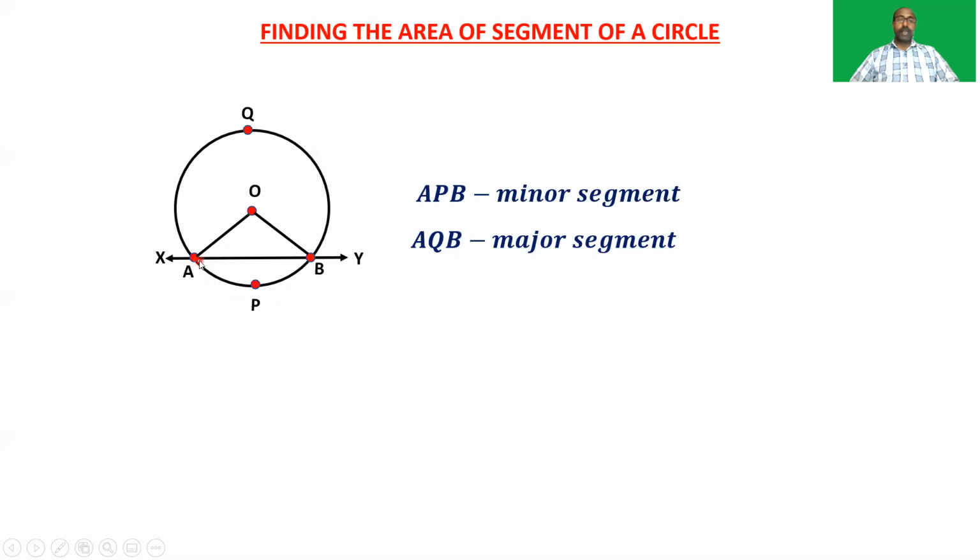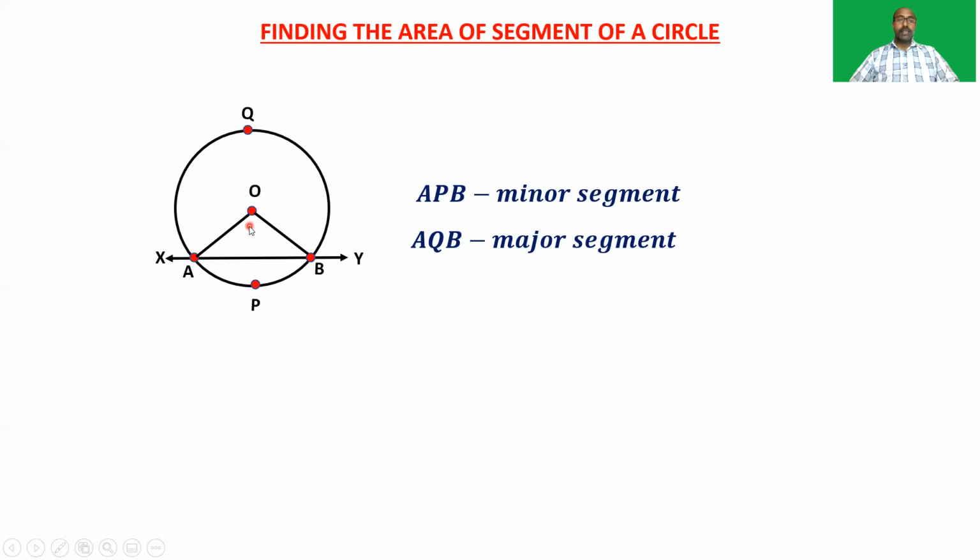Now we can observe that OAPB is a sector and OAQB is also a sector. Now sector OAPB is the combination of minor segment APB and triangle OAB, isn't it?